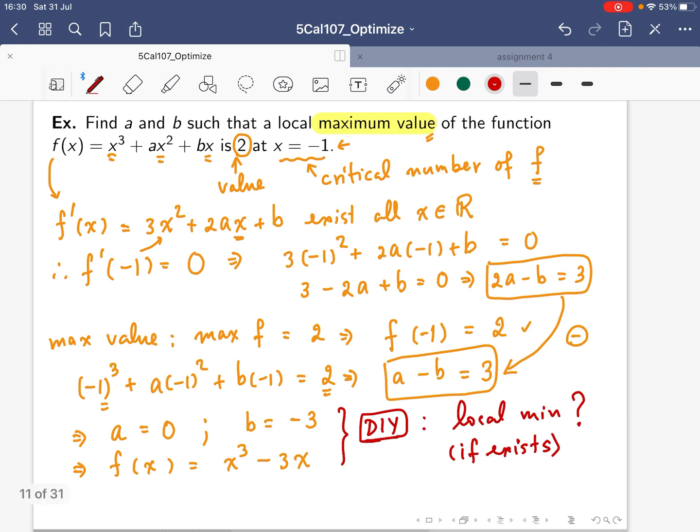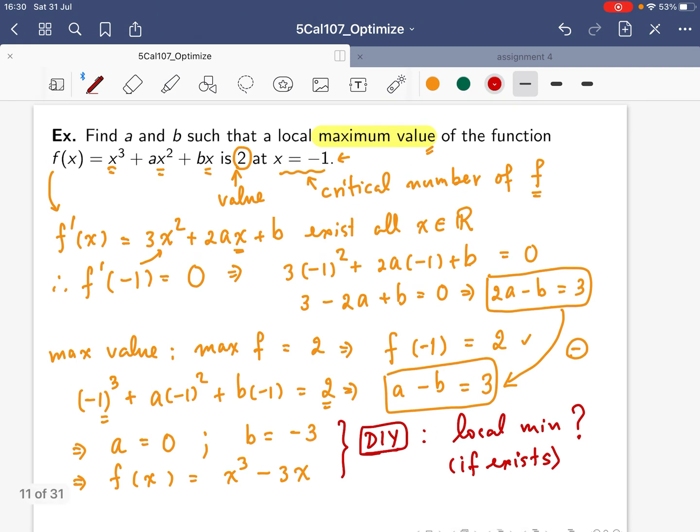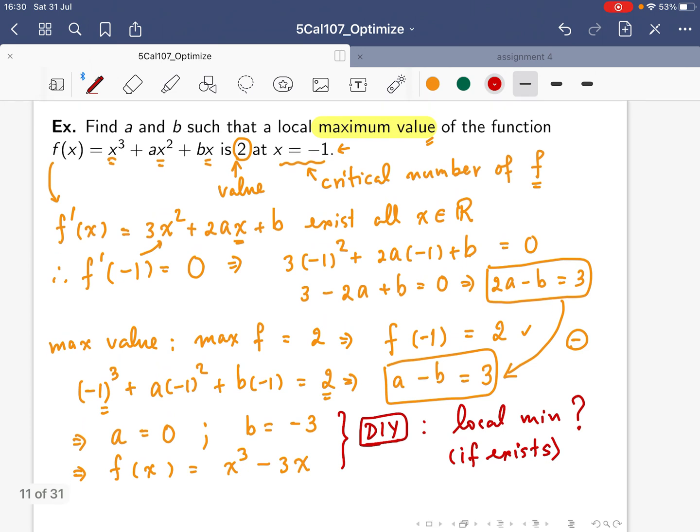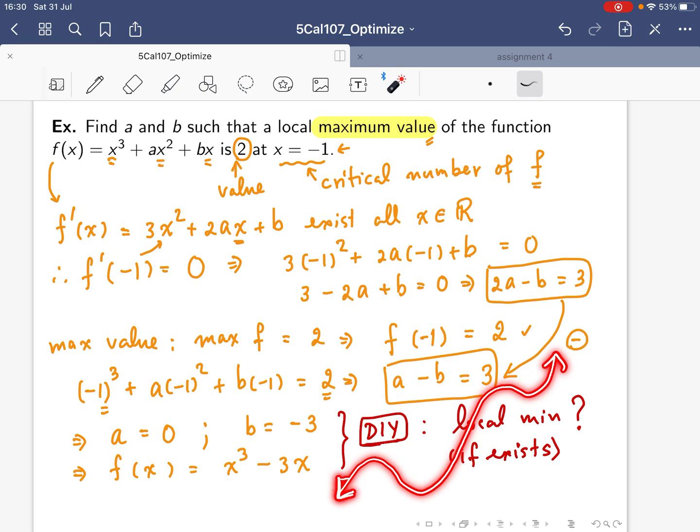As we take a look at all these examples, it seems that the function under consideration has no end. The domain seems to be from negative infinity to infinity.